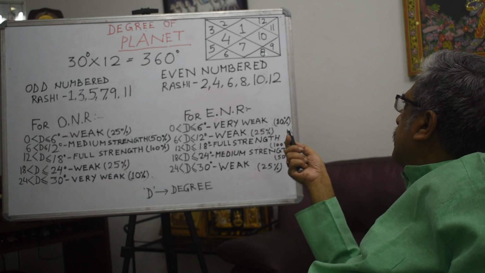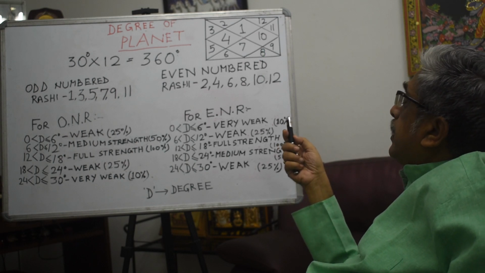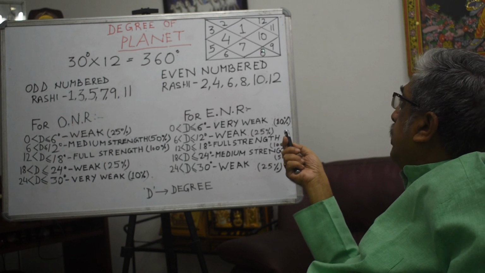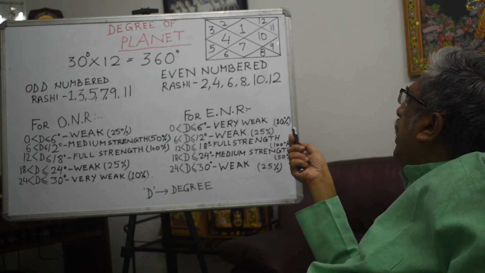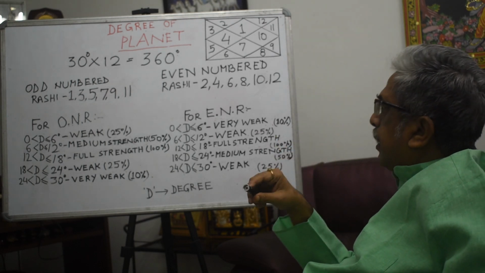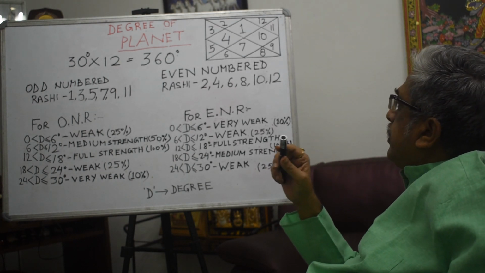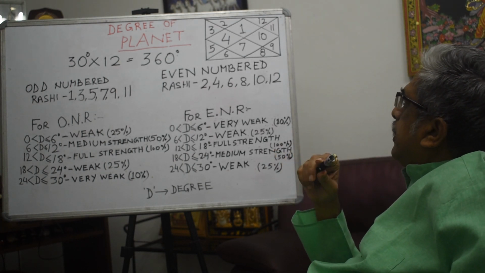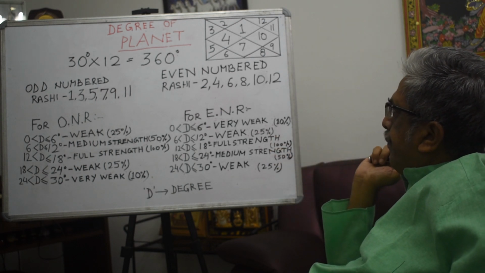If Saturn in Scorpio is at 10 degrees, it means Saturn has already traveled 10 degrees in Scorpio. So planets in each Rashi will have some degree. That indicates how much distance in degrees the planet had traveled by the moment of birth.